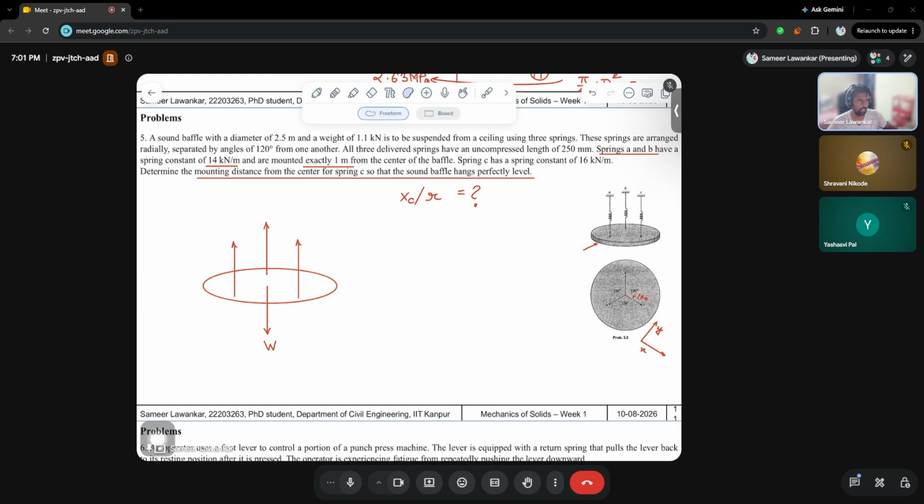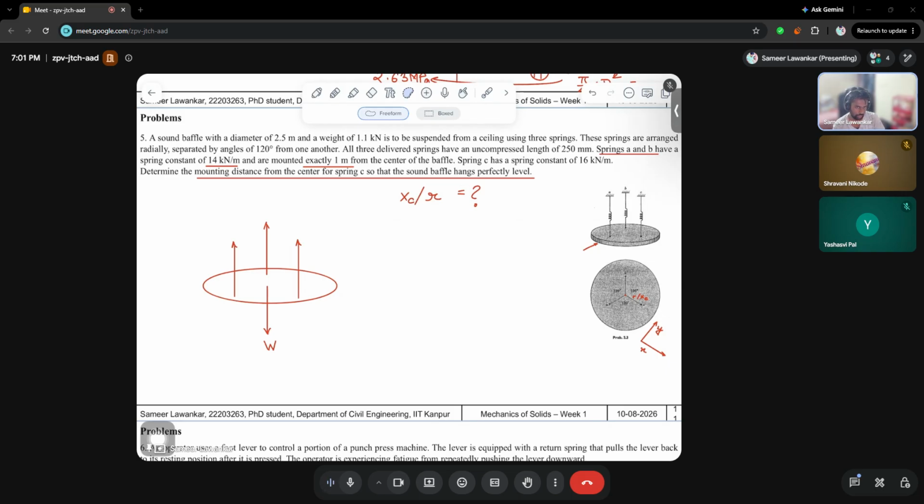Hmm, there is some calculation mistake, I guess. So try for 2 minutes more. Please check the delta. Delta should be the same for each of them.